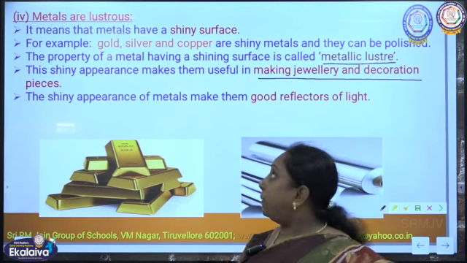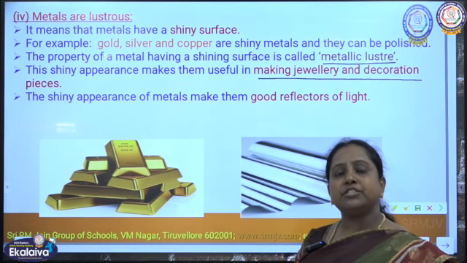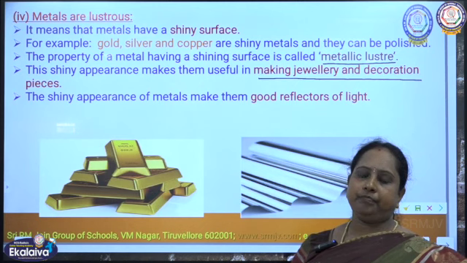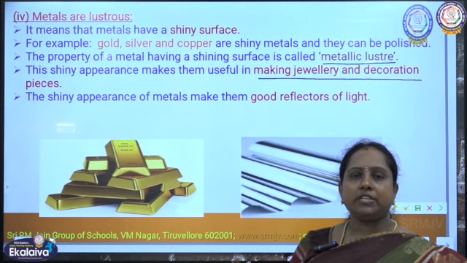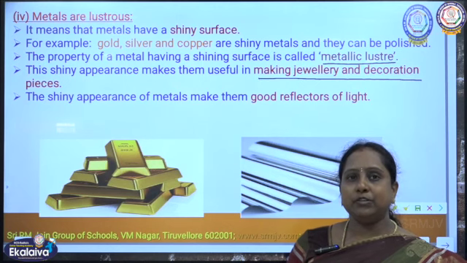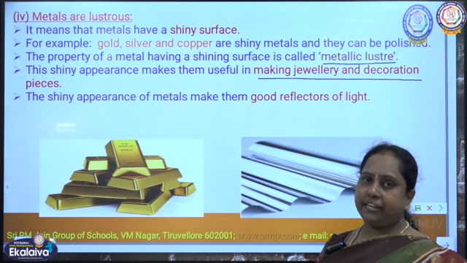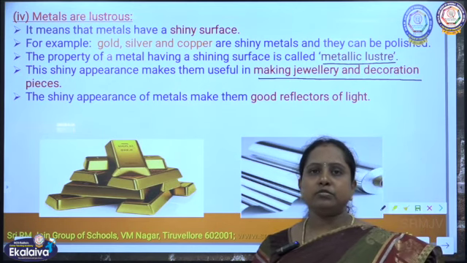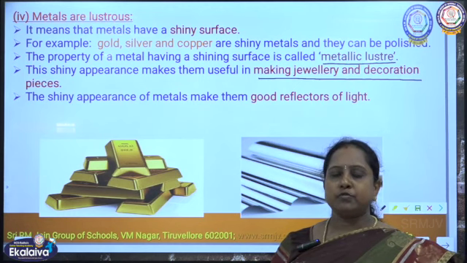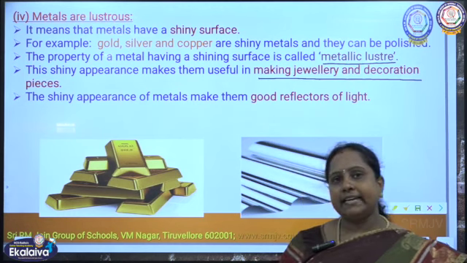Due to that lustrous property, they are used for making jewelleries, because jewels have to be glittering, then only they will look nice, it will give a nice look, isn't it? And decoration pieces means we can use those metals for puja rooms, puja vessels, and other decorative items.